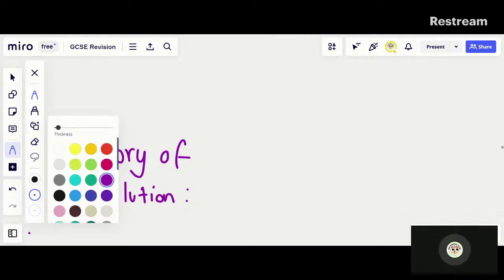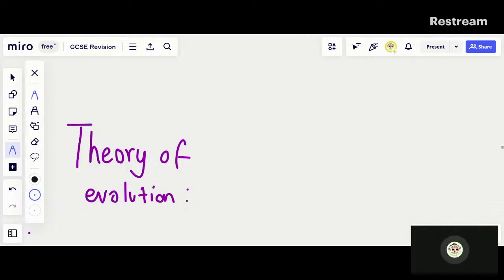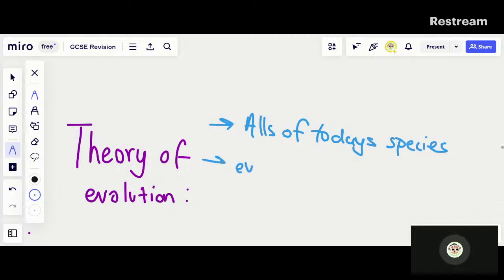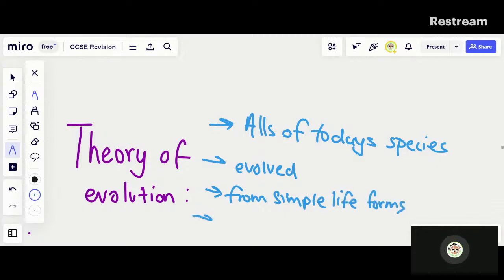The theory of evolution states that all of today's species, right, everything living today, has evolved, which means is derived from and improved and matured from simple life forms that were first developed 3 billion years ago.